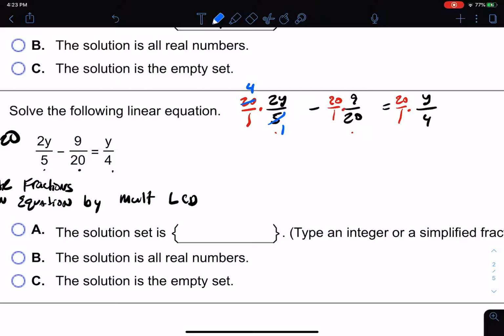What we have left is 4 times 2y, which makes 8y, over a 1 on the bottom, which doesn't change the number. And over here, common factors of 20 reduce down to 1, and we're left with minus 9.